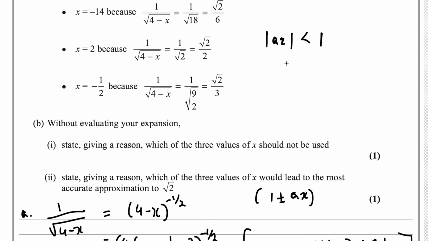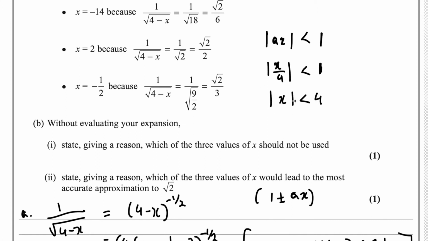In this case, our ax is x over 4. Ignoring the minus sign, because we have a modulus around the expression, this has to be less than 1. Taking the 4 to the other side, x has to be less than 4.